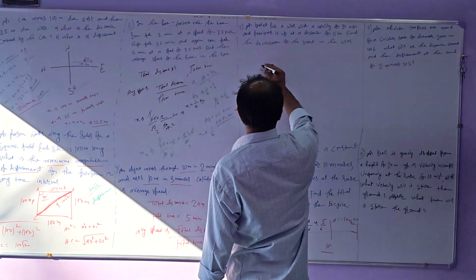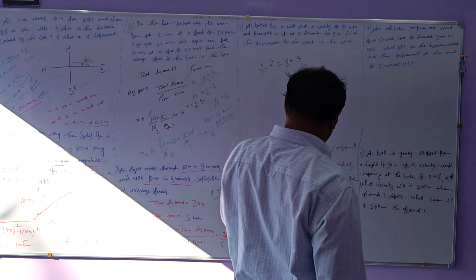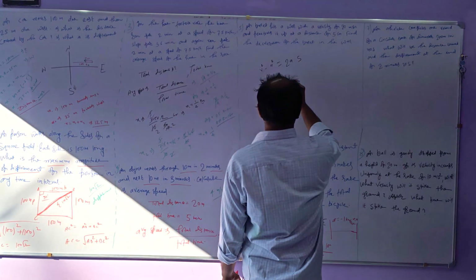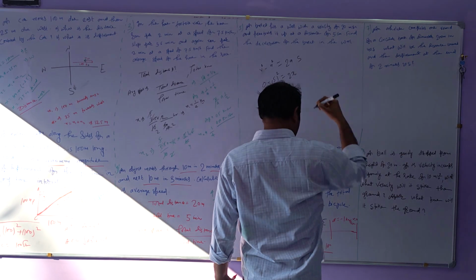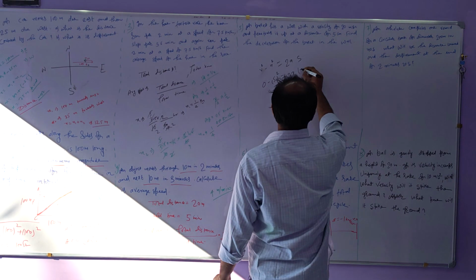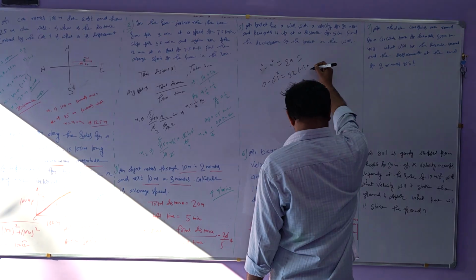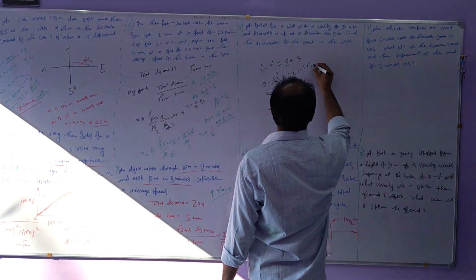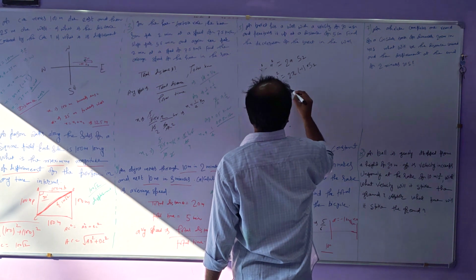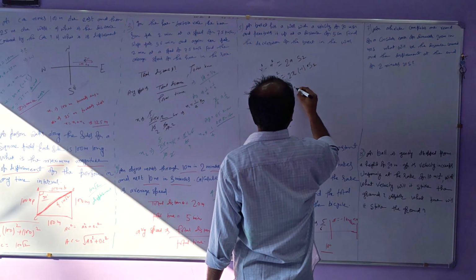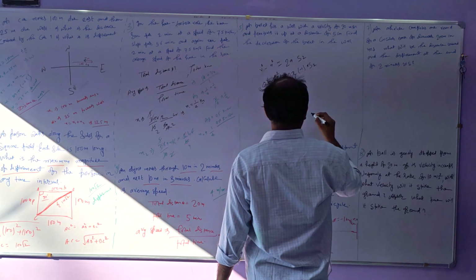We directly use v square minus u square is equal to 2as, where v is equal to 0, u is equal to 5, a is equal to minus 1 km per hour square, and displacement is what we need to find out as s2. So minus 25 is equal to minus 2 s2, s2 is equal to 25 upon 2.